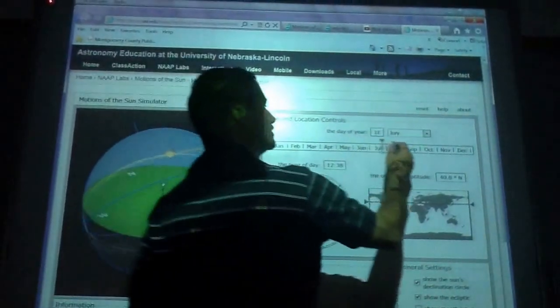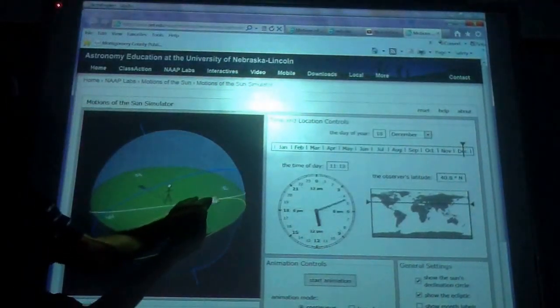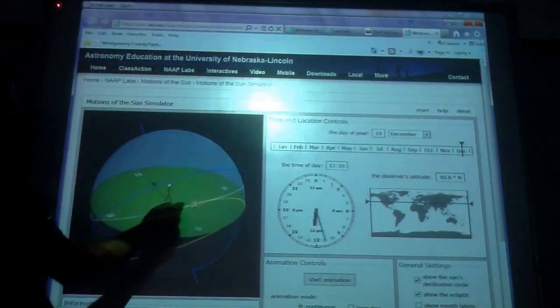But then in December, the highest the sun gets is just a little bit above the horizon. It doesn't get that far.